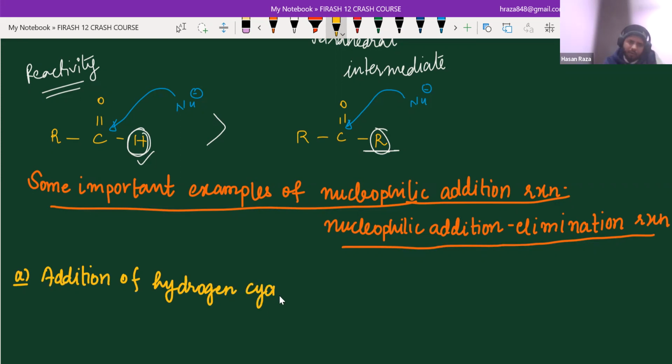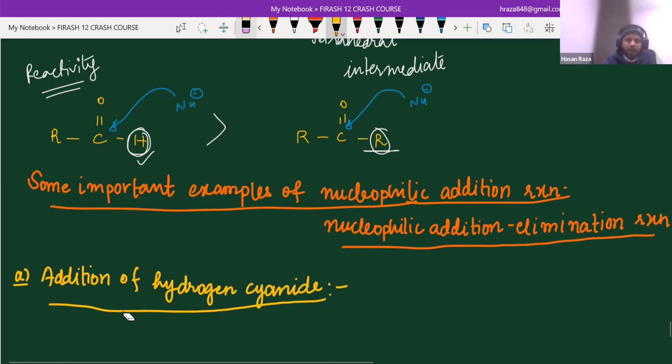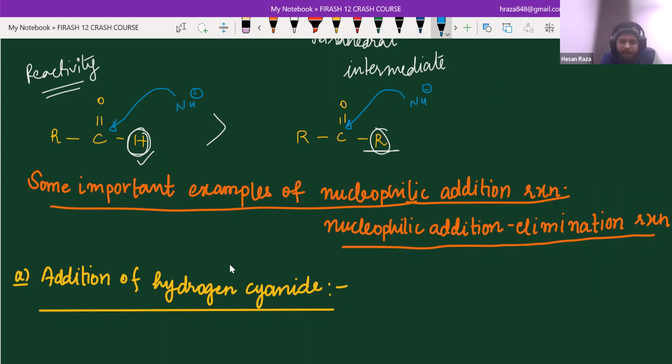First of all, you need to know this hydrogen cyanide is not a very good nucleophile in its pure form. So we will catalyze it to form CN minus. It has the formula HCN, and in pure form it is not a very good nucleophile. So we will make it a strong nucleophile. I'm going to show you the reaction first.